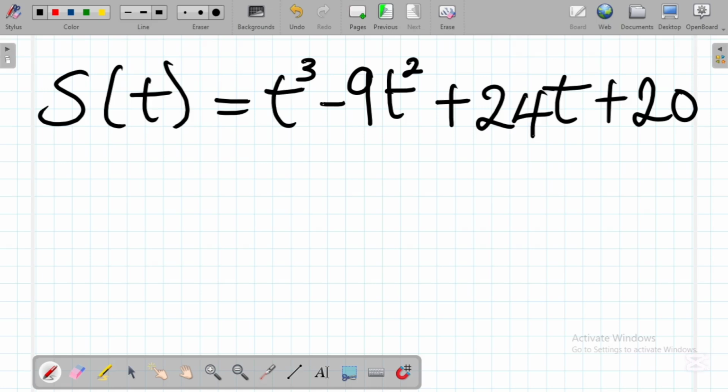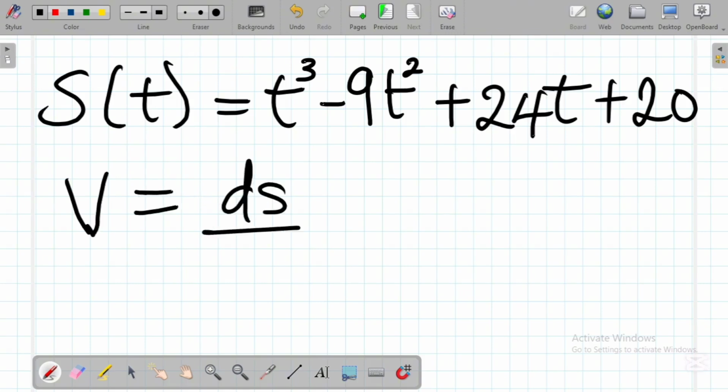The first rule is if you are given distance or displacement and you are asked to find velocity, simply differentiate once. So since we are given distance s and we are asked to find velocity v, we are going to differentiate once.